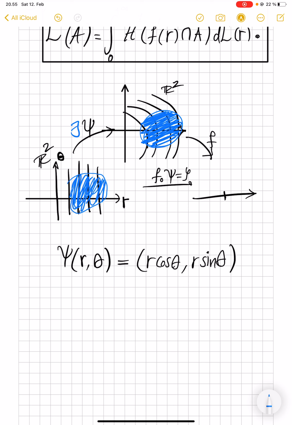And then the fibers are exactly vertical. If you freeze r, so let's say you freeze r0, and then you have to restrict theta to something between negative pi and pi. Any interval whose length is not equal to or more than 2 pi.